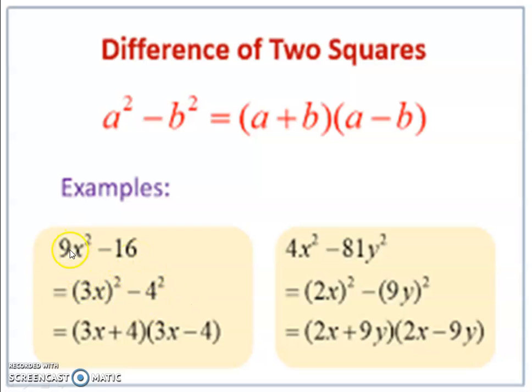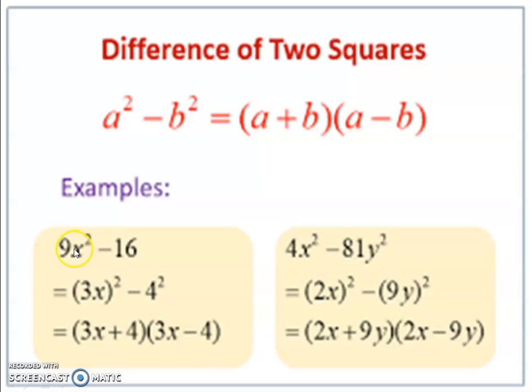So here 3 square into x square, using the law of indices, we write (3x) whole square. We consider a is equal to 3x. 16 is 4 square, so (3x) whole square minus 4 square. Here a is 3x, b is 4. That's why (3x plus 4) into (3x minus 4).